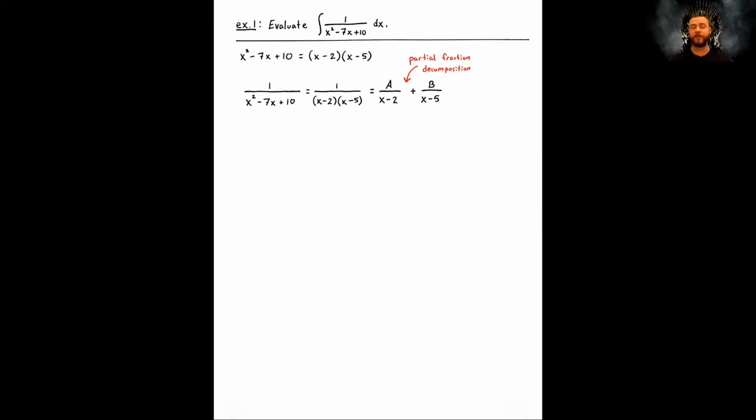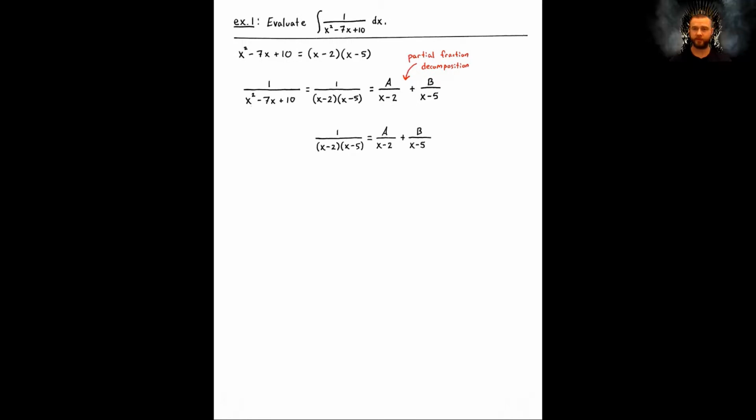Now the rest of it from here is we're going to have to solve for the two unknowns, A and B. What I would like you to do is take a look at the left and right-hand sides as an equation. Think of the rational function with the factored denominator as the left side of your equation.